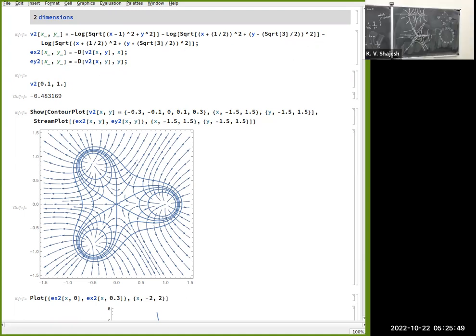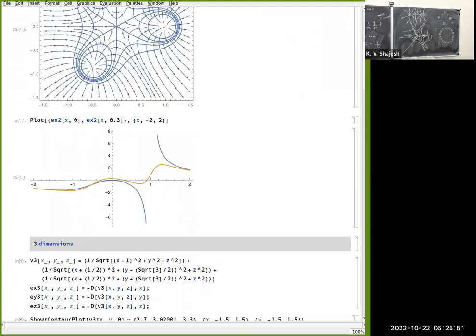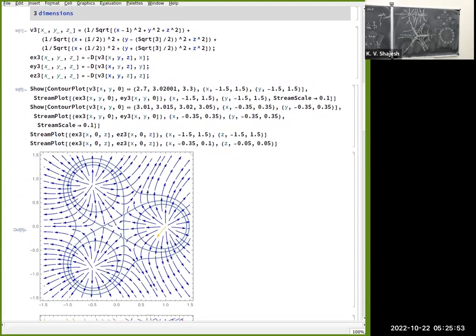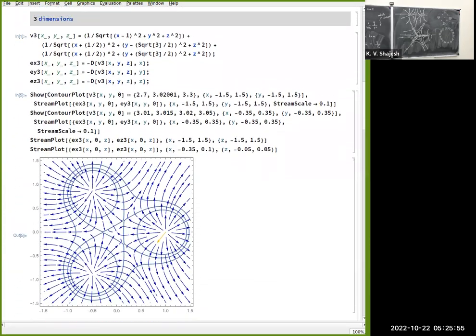But now let's say we go to 3 dimensions. So this is a 3-dimensional situation. And now you see this feature in here. There are these lines going away here a little bit. So here they are coming in. That's what I was showing, that they are coming in.